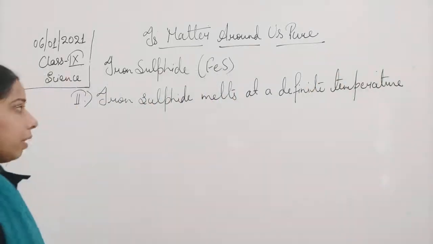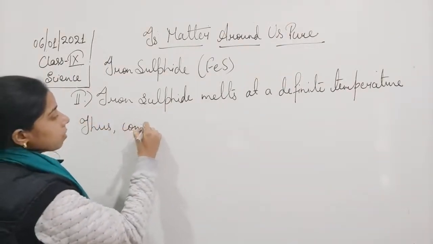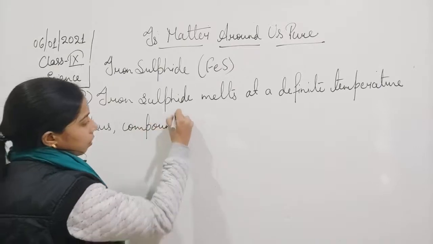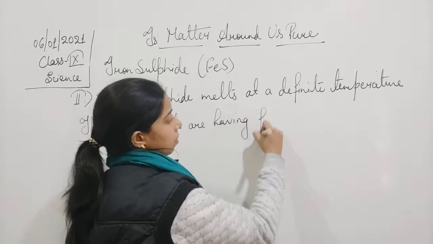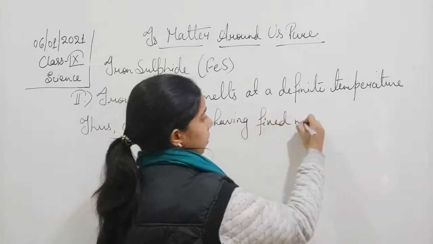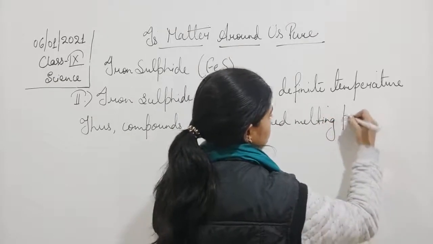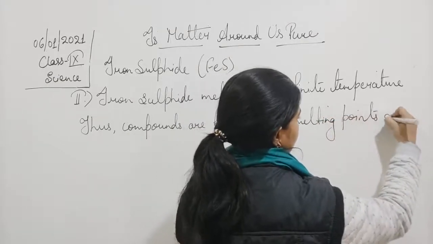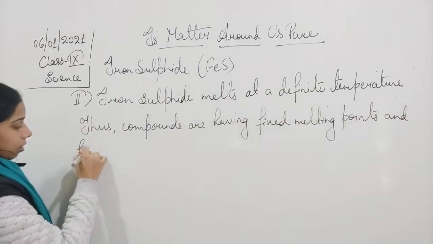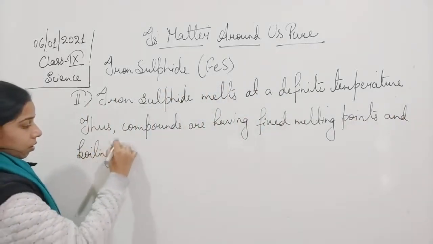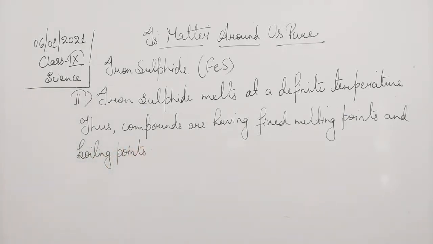Thus, compounds have fixed melting points and boiling points. Okay, so it has a fixed melting point and boiling point.